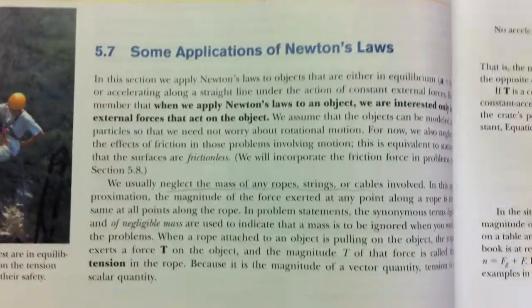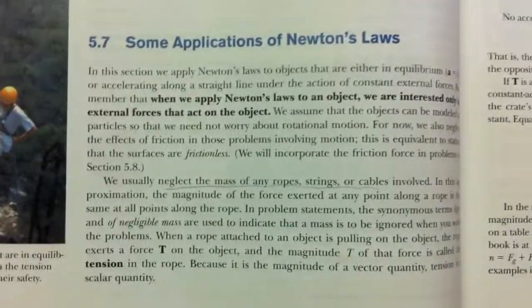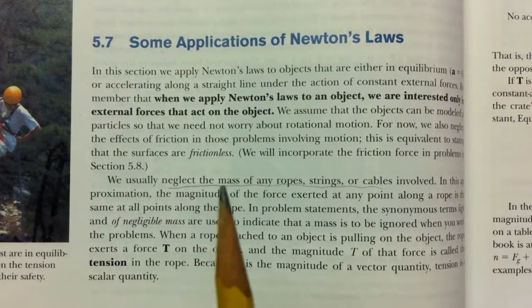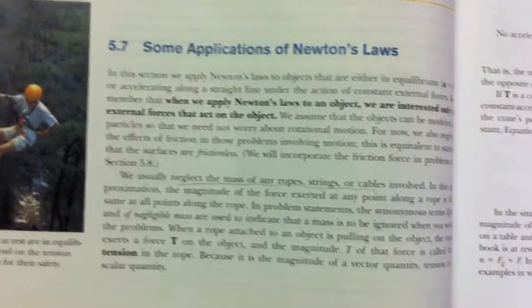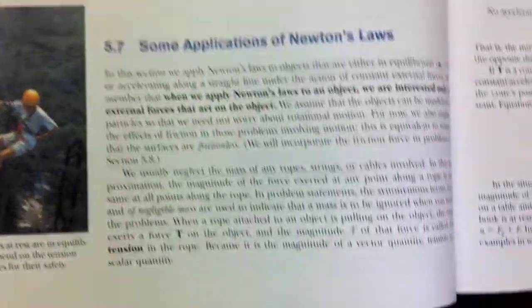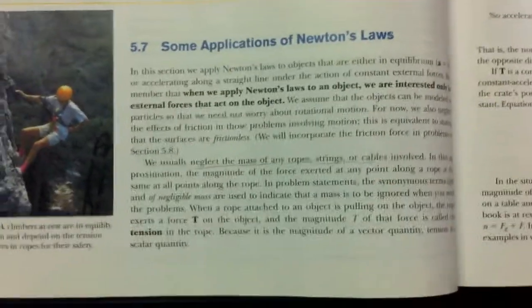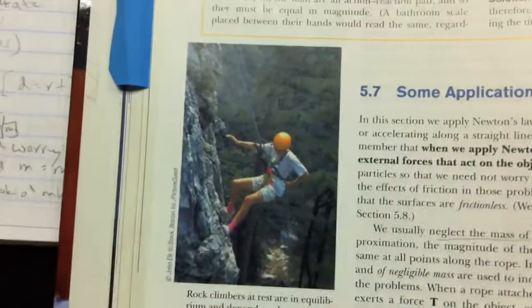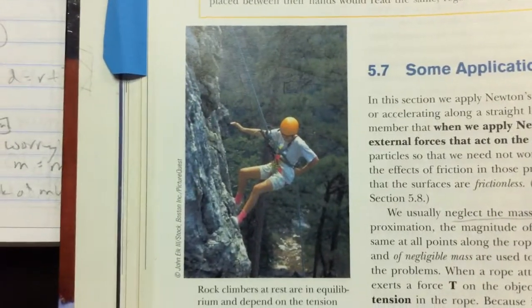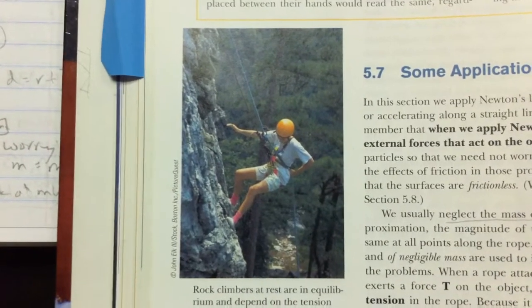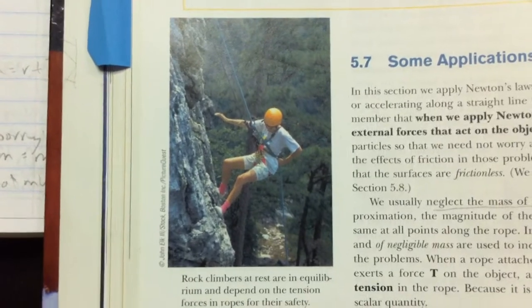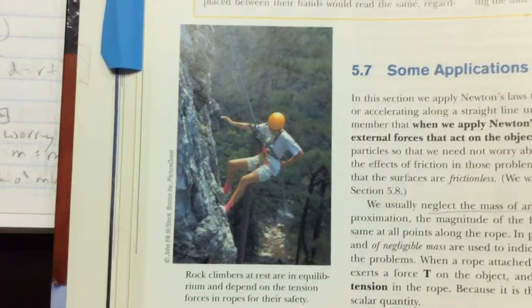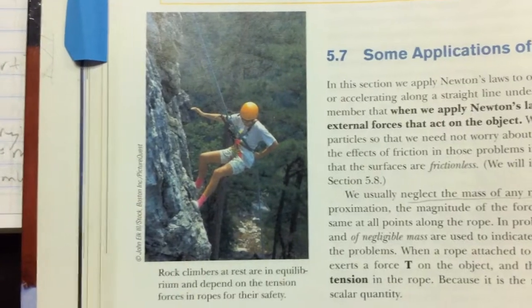Another simplifying assumption, which we are used to, is that we're going to neglect the mass of ropes, strings, or cables. We're going to treat the body as a particle. We're going to assume no friction. We make all these simplifying assumptions just to make our job easier. If we wanted to take into account the masses of the ropes and the cables, we'd have to model them using the F equals ma law, as well as modeling the motion or the forces on the particular body or particle.